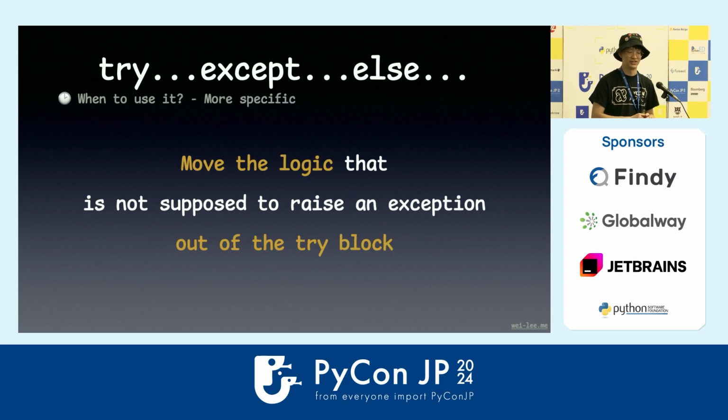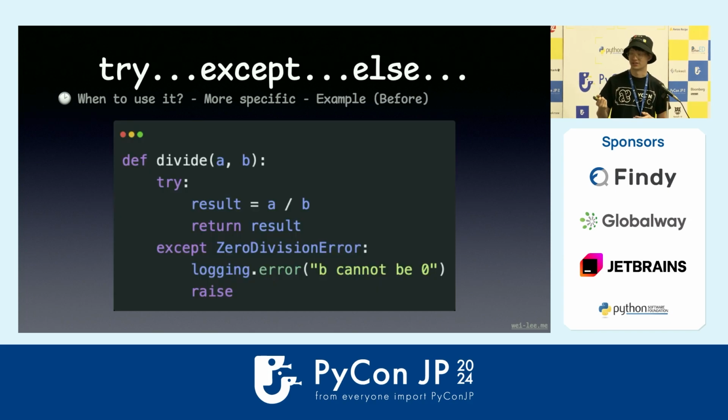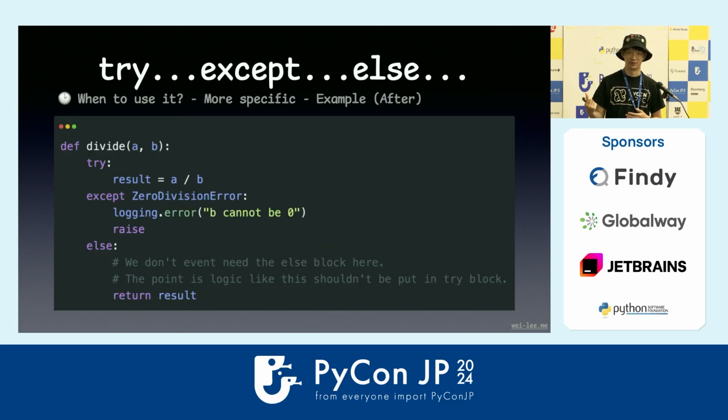And my suggestion is that you move logic that isn't supposed to be in the try block out of it, because many people might write the try block really huge, but only one line of it contains the code that actually raises an exception. So I'll probably do something like this. If you try to divide a number and return the result, we can use the else block to return the result.